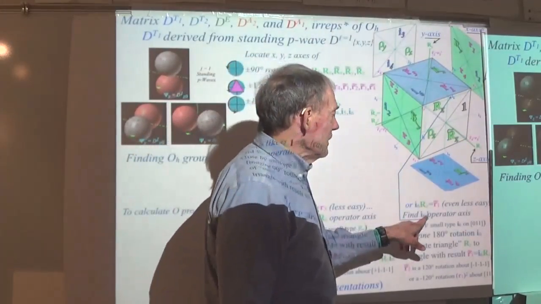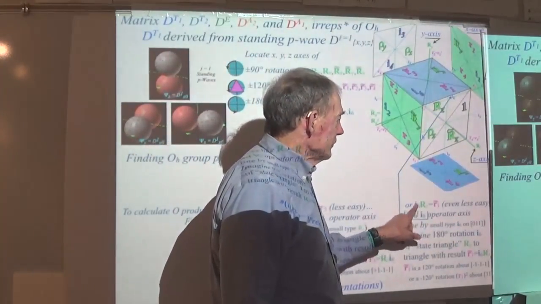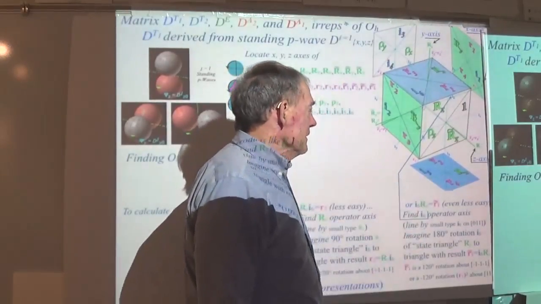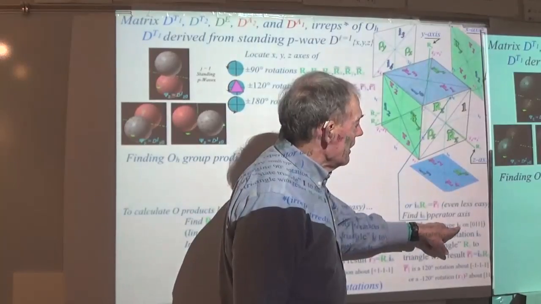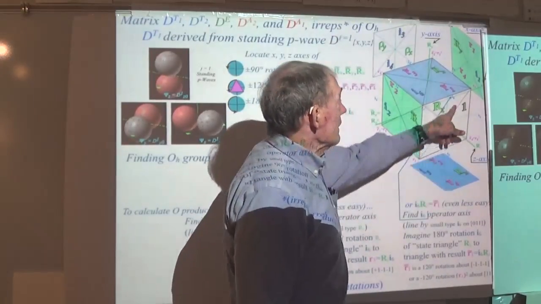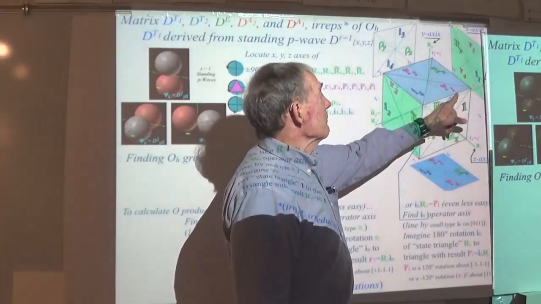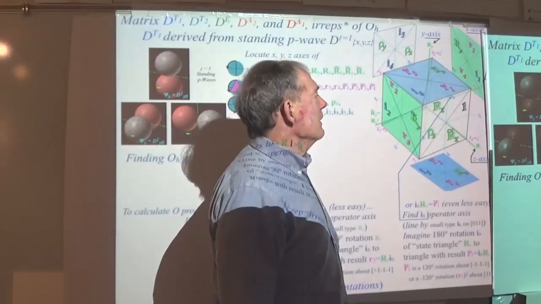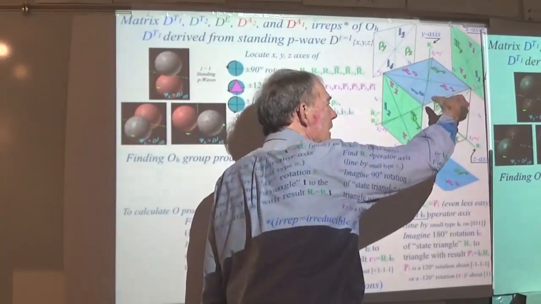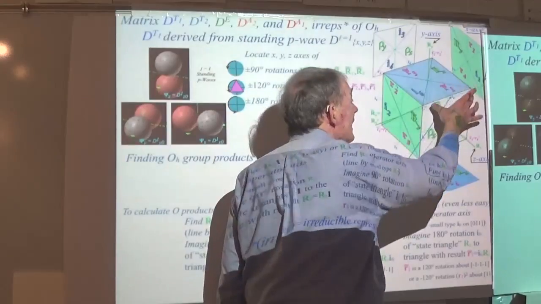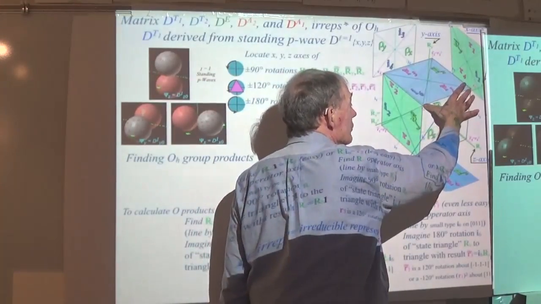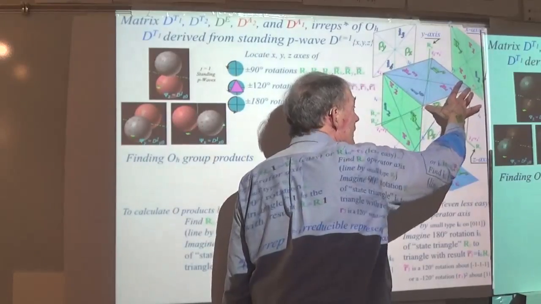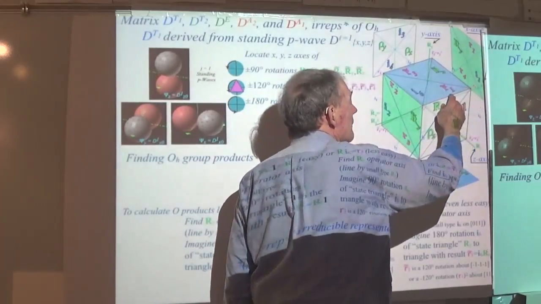So, once again, you find the operator axis. This is the operator, that's the victim, okay? It's aligned by a small I6. Right there, there's an axis coming right out of the cube that you have to imagine. And I'm going to grab the cube and turn it by 180. That's the symmetry this thing has. This is on a line, so you recover the symmetry if you turn completely around by 180.